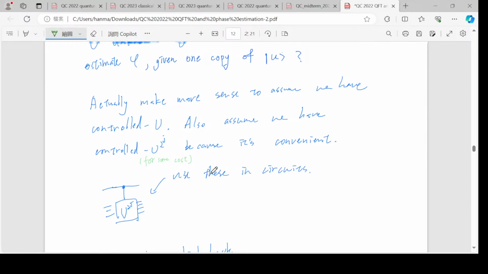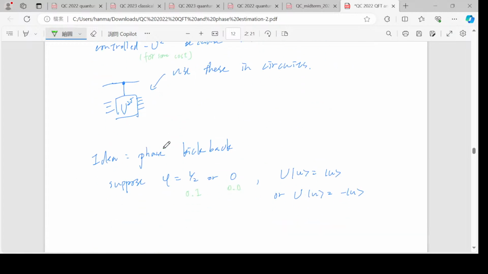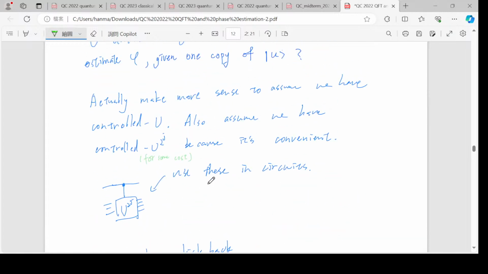And actually if we want to do this very efficiently, we not only want controlled U, we want to be able to do controlled U to the 2 to the j. So we want to do a lot of U very fast somehow. We'll justify that we have this when we do factoring later, but for now, just assume we have those things.